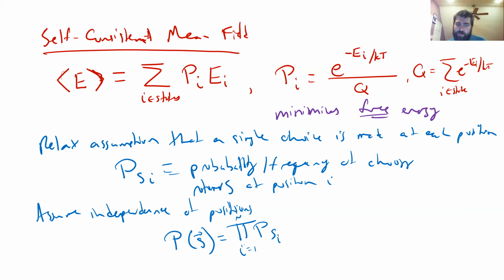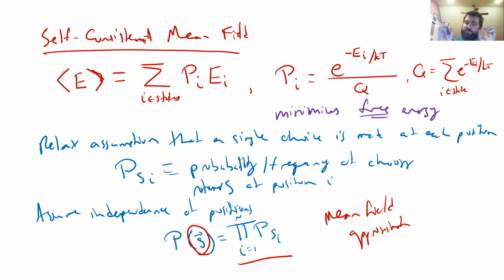And this is exactly what we mean. This is where the mean field piece comes in. We're going to assume that the probability of the particular microstate, that is a choice of a particular rotamer at every single position, can be written simply as a product of the probabilities of each individual piece, interacting with some average field of all of the other pieces.